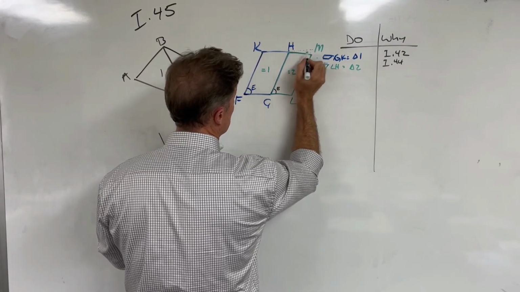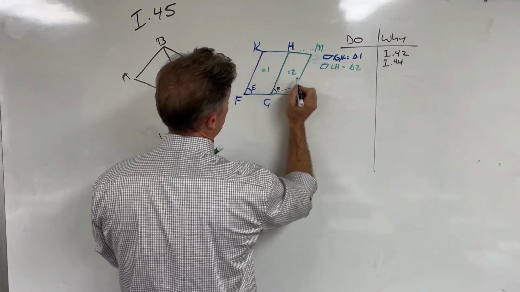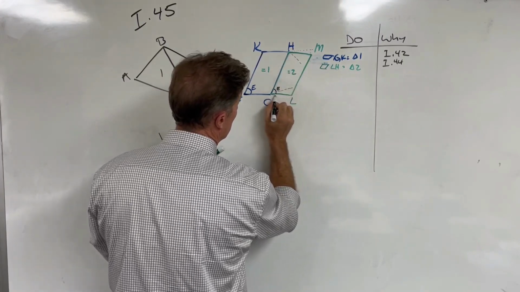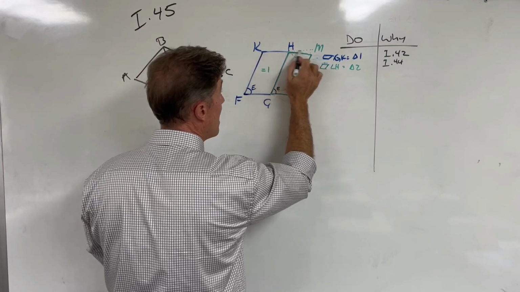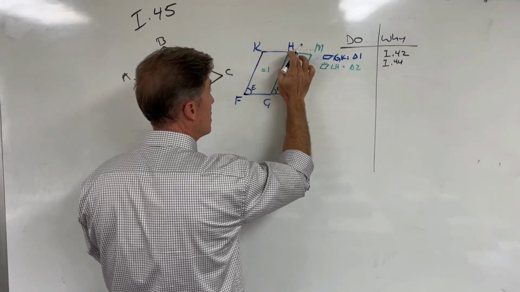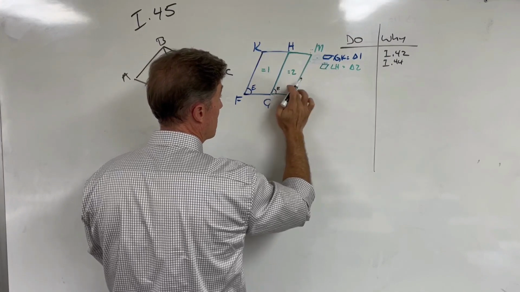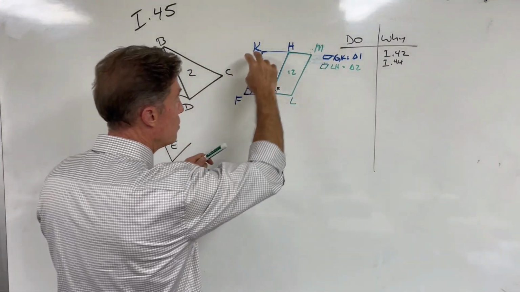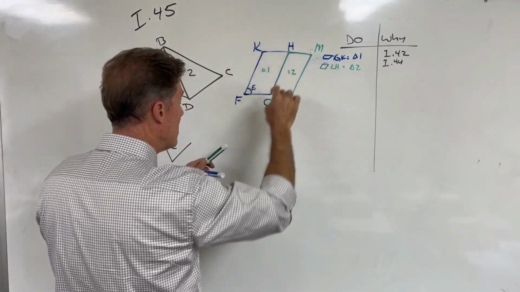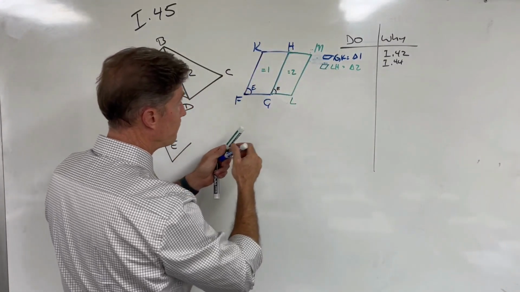It might look like this, or it might look like this. So we have to be able to prove that this line HM is in line with KH and not kicked off up above it or below it. So that's what we're going to do for the rest of this prop: prove that these are in line, and therefore this whole figure is a parallelogram.